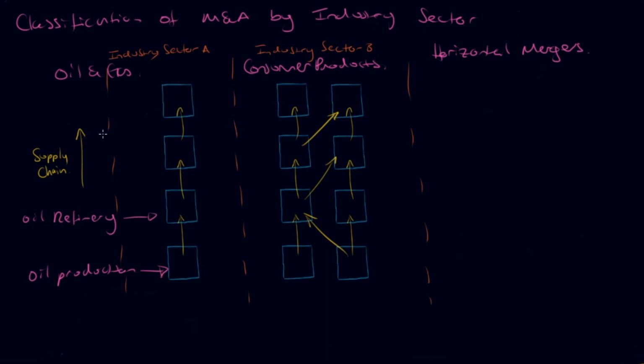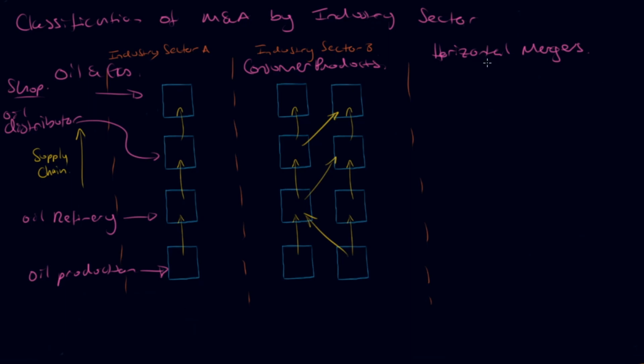And then let's say this is an oil distributor. And then this is just a shop that sells oil products. This distributor sells to this shop. Okay, so hopefully you understand the diagram.